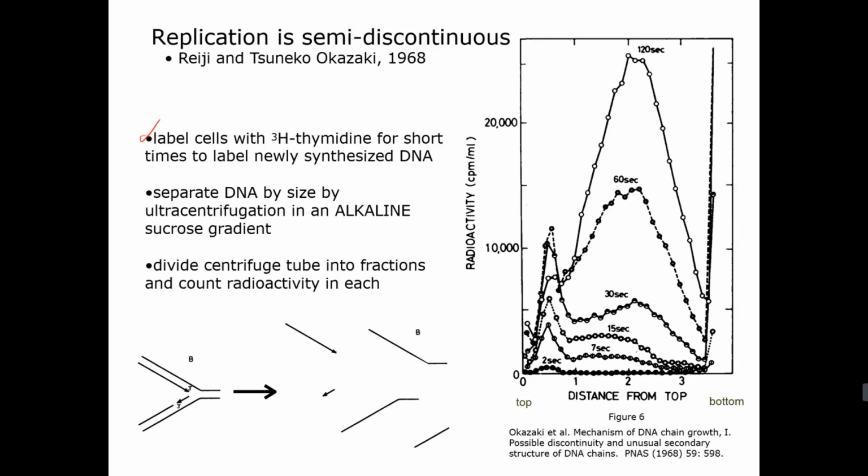Okay, and so they would stop the reaction by taking the culture and pouring it onto ice. And this ice contained cyanide. So after short periods of time, they would stop the reaction by pouring onto ice with cyanide to kill the cells.